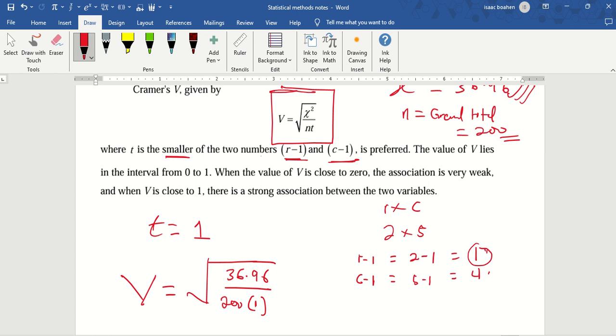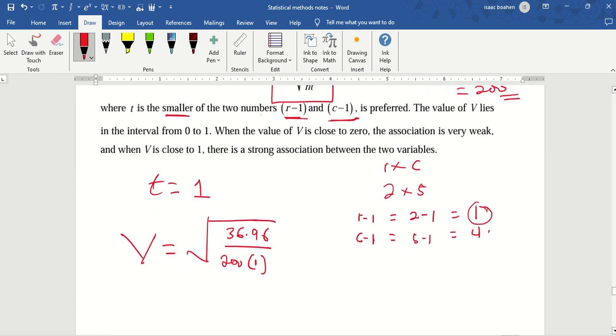So we can evaluate that. Then it is equal to 0.43. So the Cramer's V is 0.43.